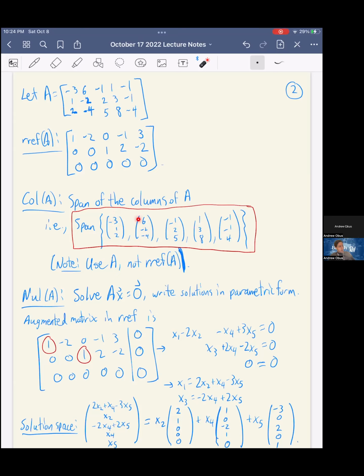So if I got rid of this second vector, if I got rid of 6, minus 2, minus 4, the span of what's left would still be the same, right? Because throwing in 6, minus 2, minus 4 doesn't add anything to the span, because I already have it from minus 3, 1, 2, right? I can already multiply this by 2. That's going to give me this vector.